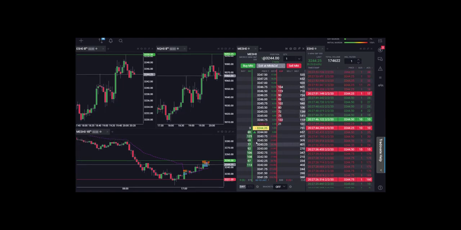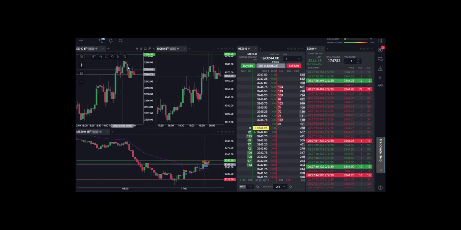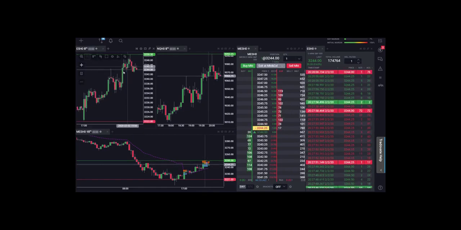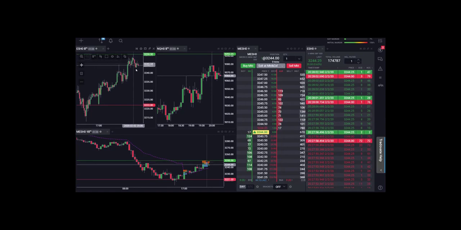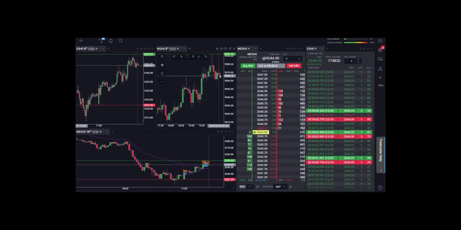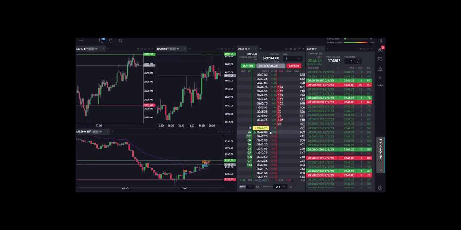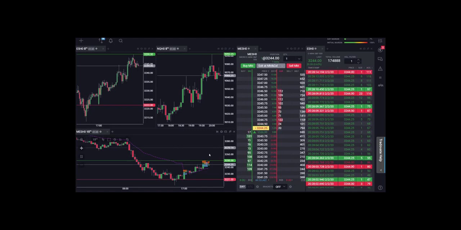Now, what I'm not liking out of all of this is that we've been rejected at this level and we've got all of this weakness forming, and the NASDAQ is again back below the 70s, right? So that's not looking good, and I might not get my swing in place after all.